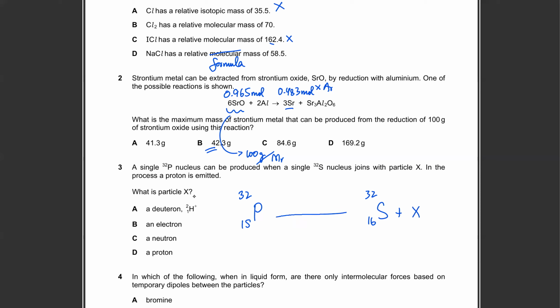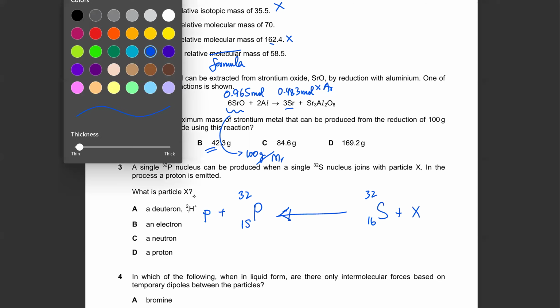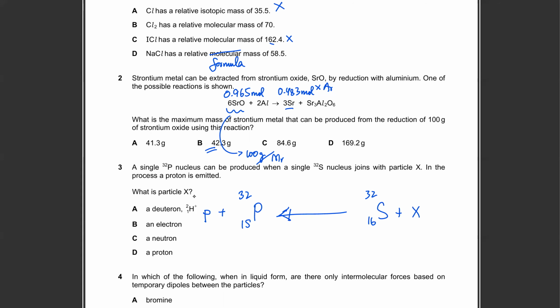So P is produced and a single small proton is produced. What is X? Is it a neutron? No, maybe it is. So how many protons does it have? It's got 16 protons, 16 neutrons, and 16 electrons, right?